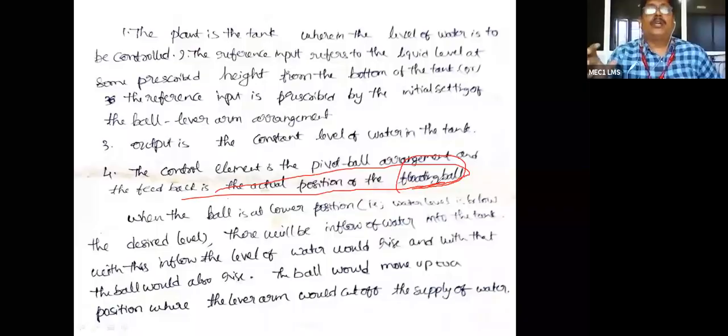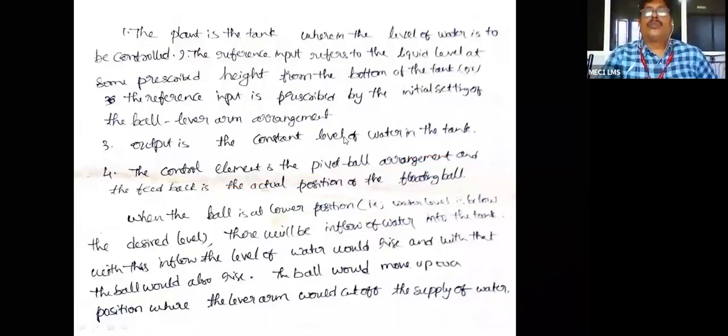Whenever the level drops or rises, it in turn deflects, which means the pivot may be open or may be cut off. Correct? It is the same as the previous description.